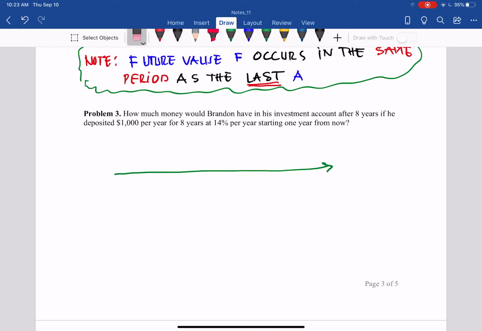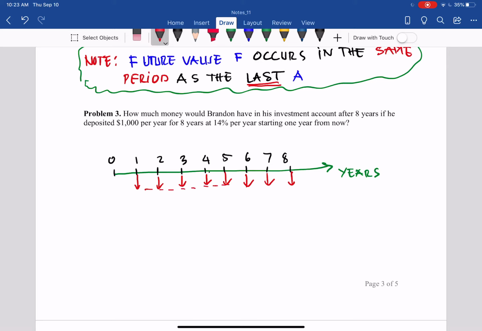In this case, the unit is years, for 8 years, so it will be 0, 1, 2, 3, 4, 5, 6, 7, 8. He deposits, so it goes out of his pocket for 8 years starting 1 year from now. So now it's 0, 1 year from now it's 1, 2, 3, 4, 5, 6, 7, 8.